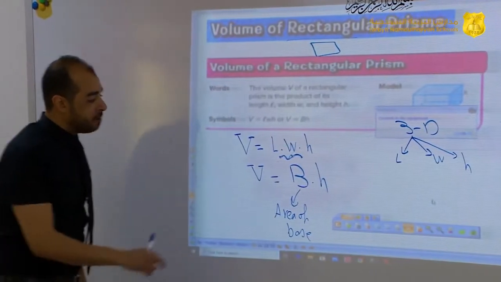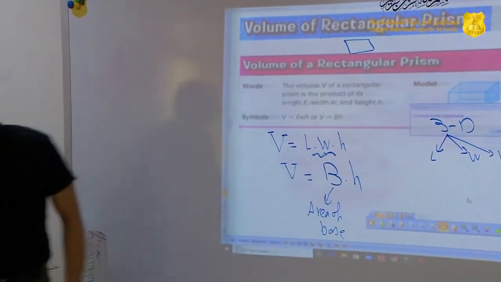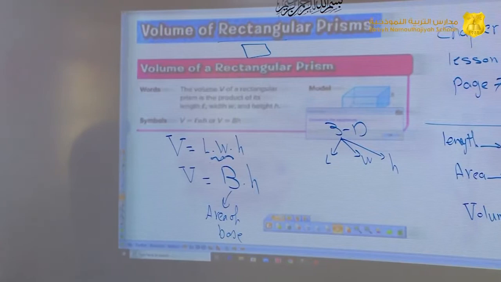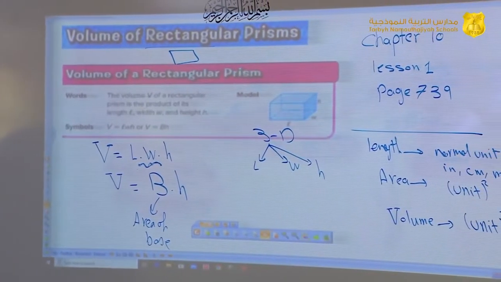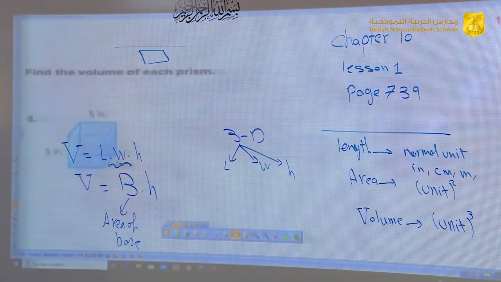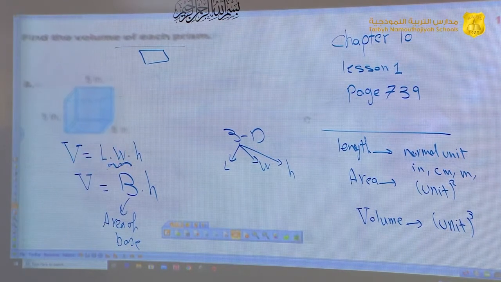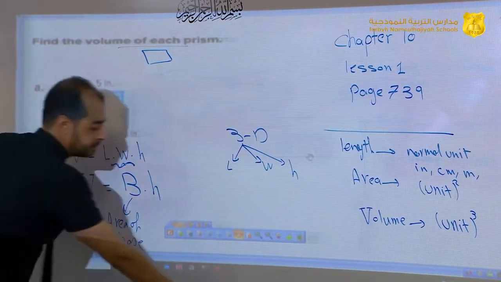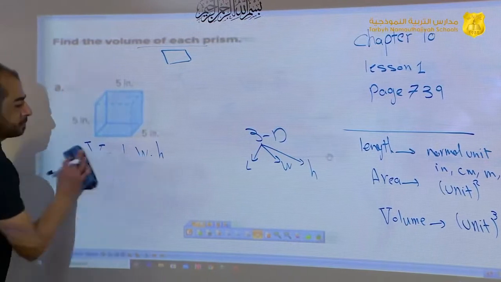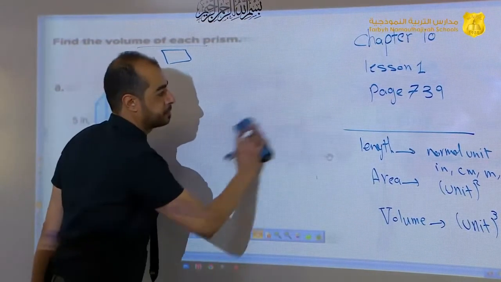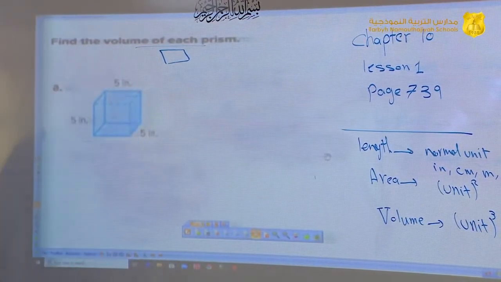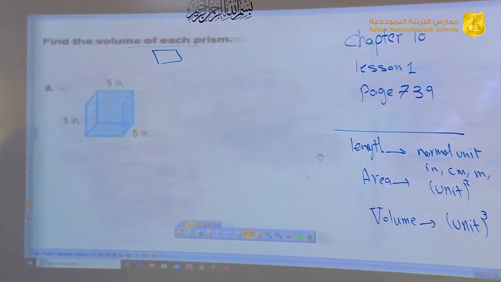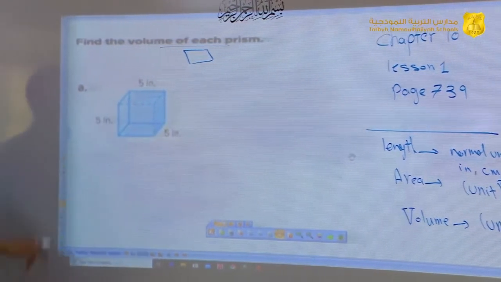Okay. Now, let's see how to solve an example, how to get the volume of a rectangular prism. Let's start. In this example, it asks you to find the volume of this prism.